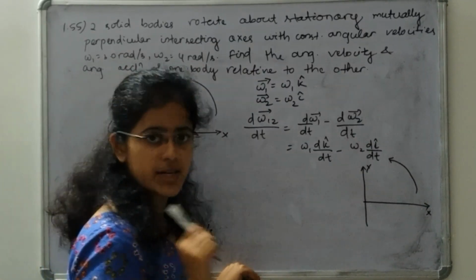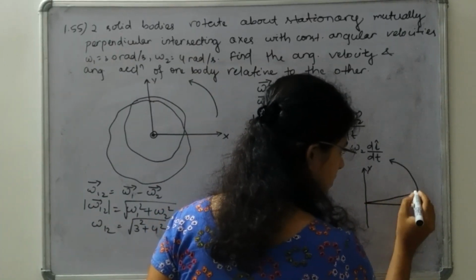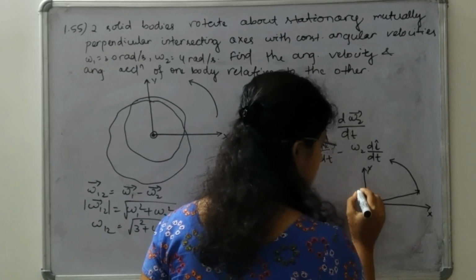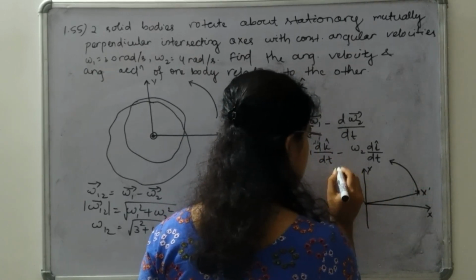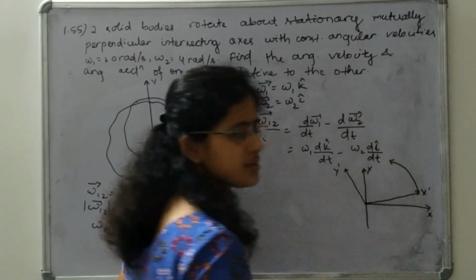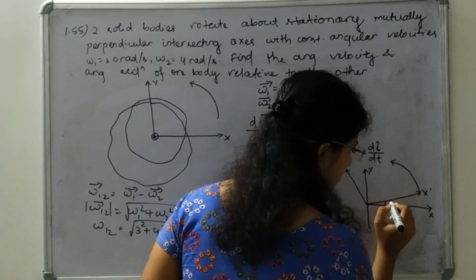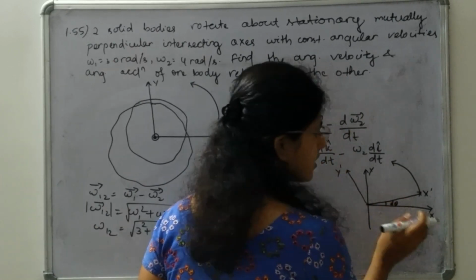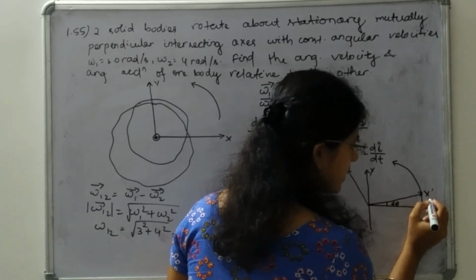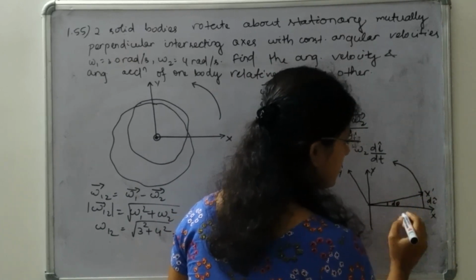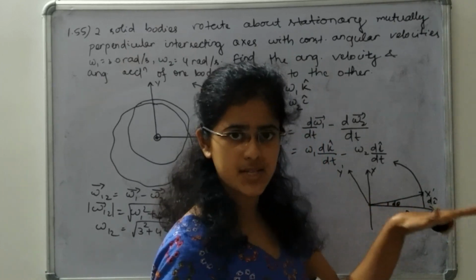Let us say after dt time, the x axis has shifted to this direction and the y axis has shifted to this position. Let us say it has made d theta angle to the original x axis, and this is d i cap vector, because this is the i cap direction. I cap is the unit vector along the x direction.